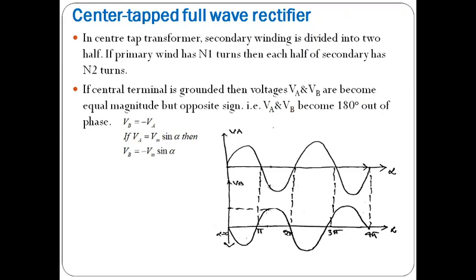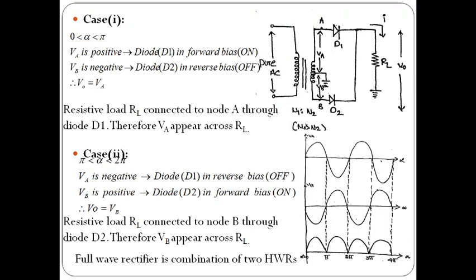Next, the center tap rectifier circuit diagram is in this slide. In this, you can observe the secondary winding of the transformer divided into two parts, with the center point connected to the ground. The upper secondary winding signal is VA and the lower secondary winding signal is VB.